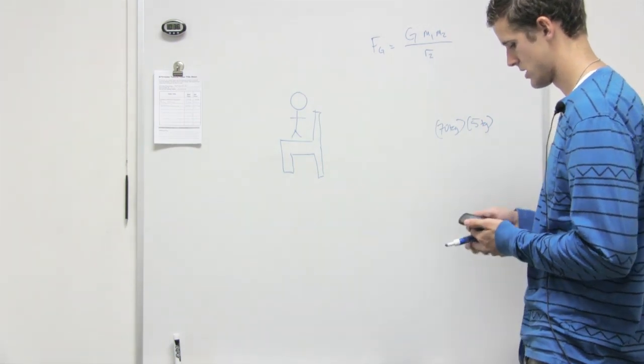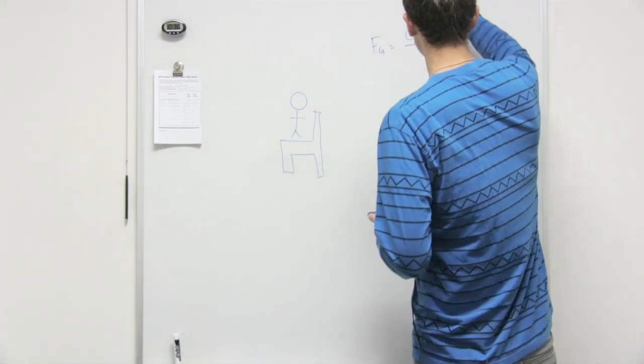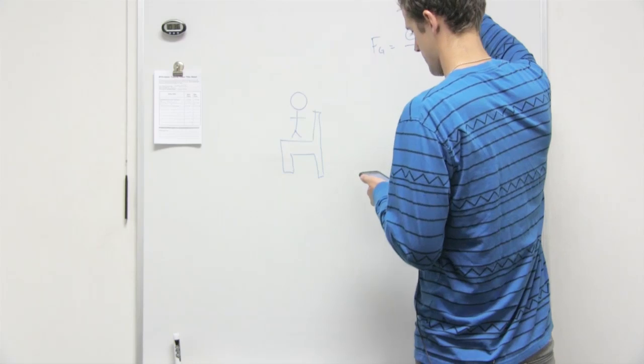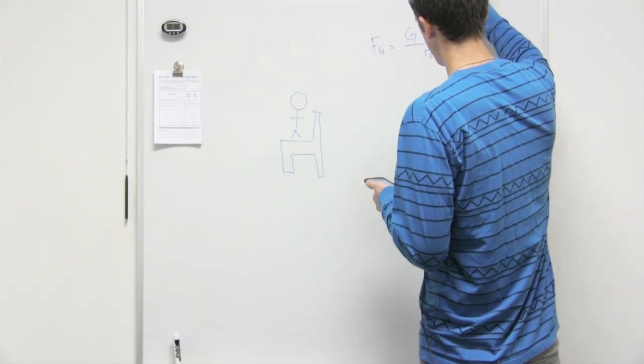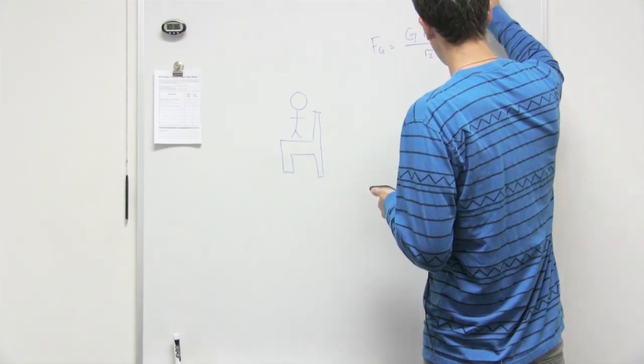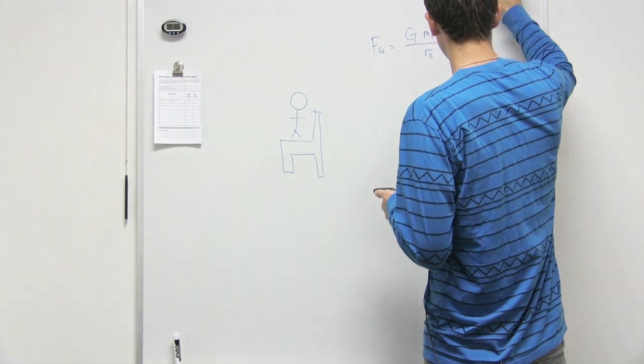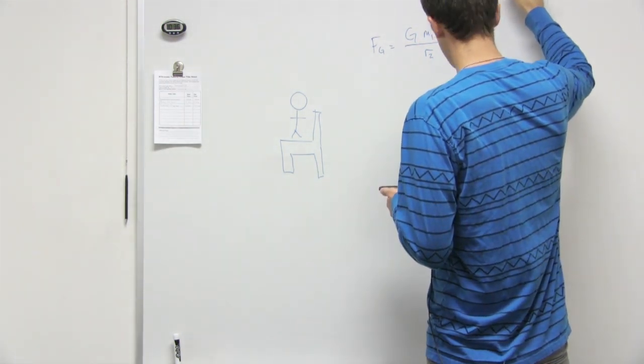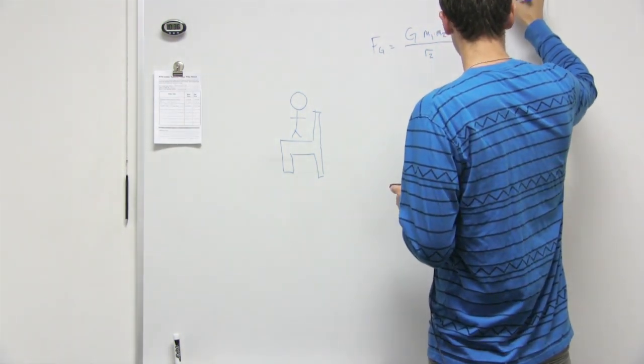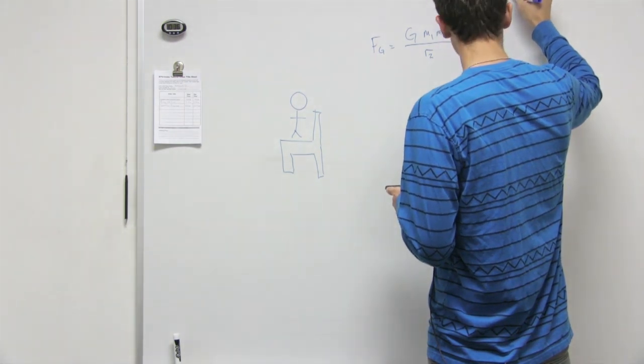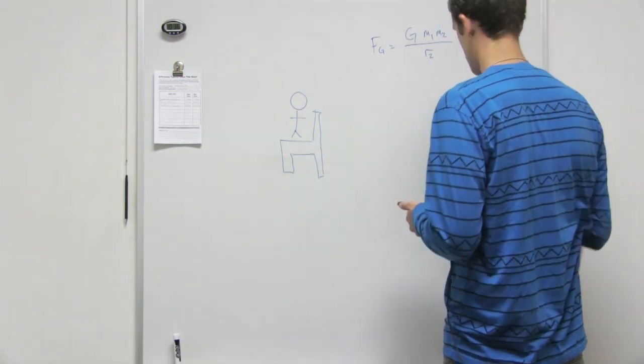Yeah, so G is equal to 6.6738 times 10 to the negative 11 meters cubed per kilogram second squared.